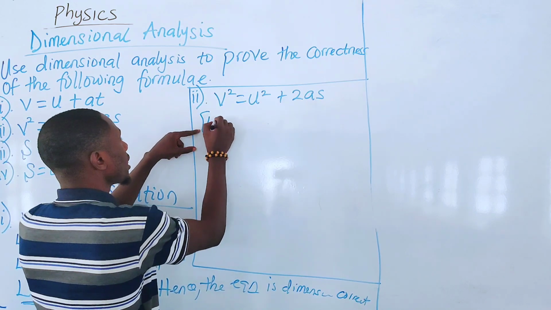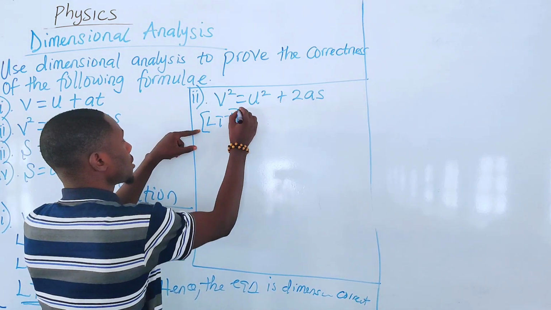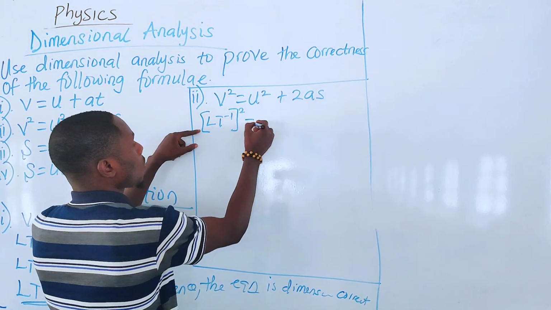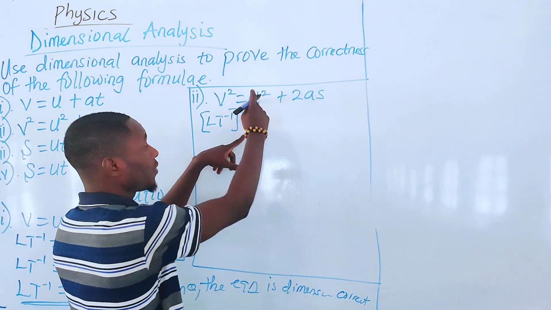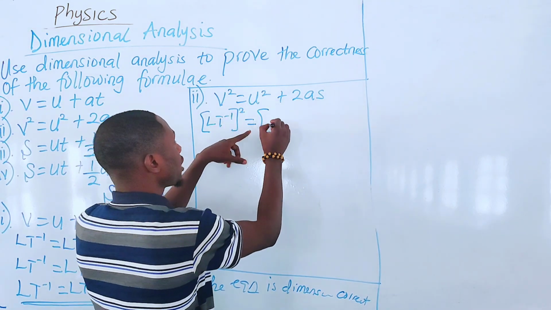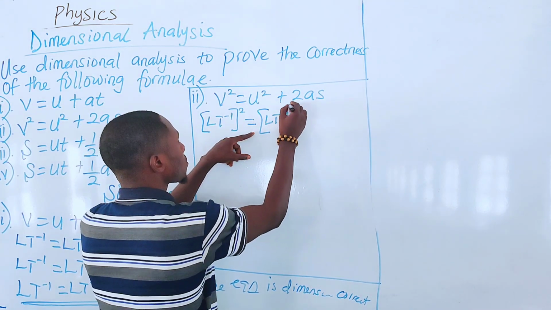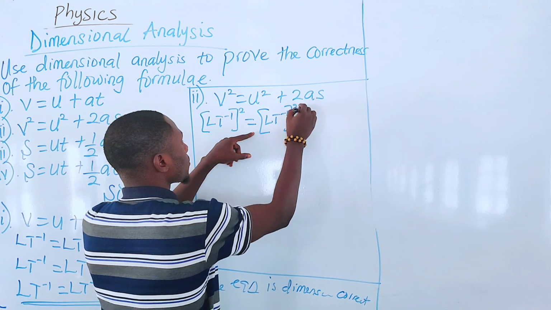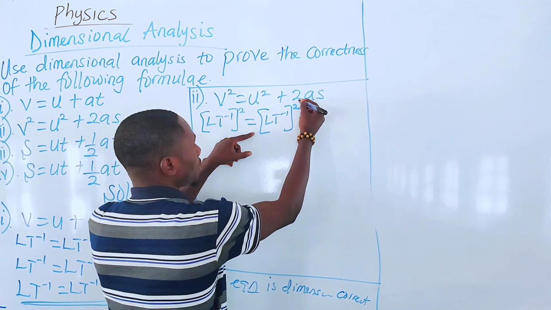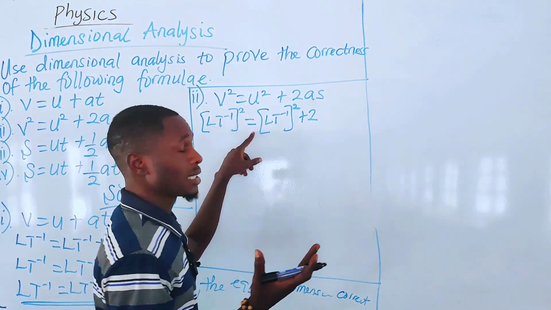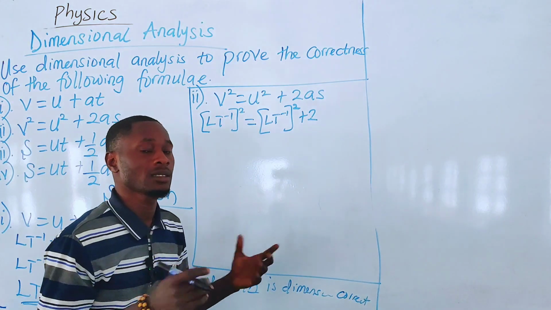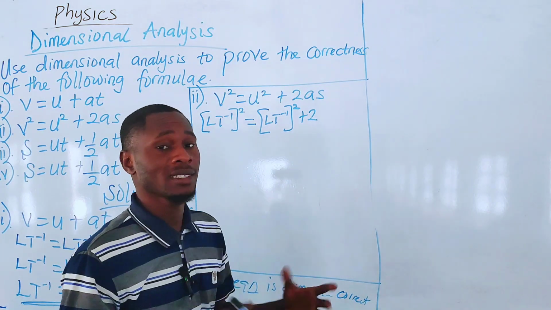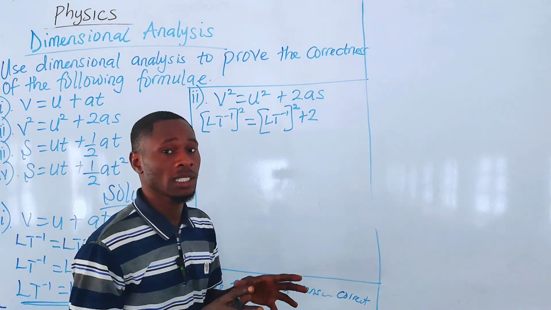So we have LT minus 1 squared equals to U squared, which is also initial velocity. We also square the dimension, which is LT minus 1 squared plus 2. This 2 is a constant, so it doesn't actually have any effect. In fact, you will just solve it as if the constant doesn't actually exist.